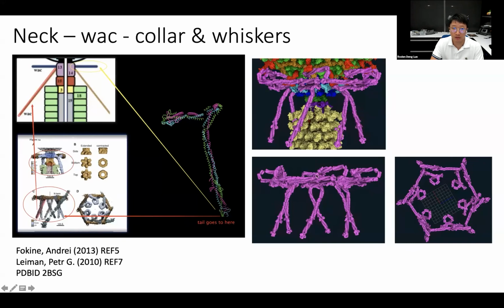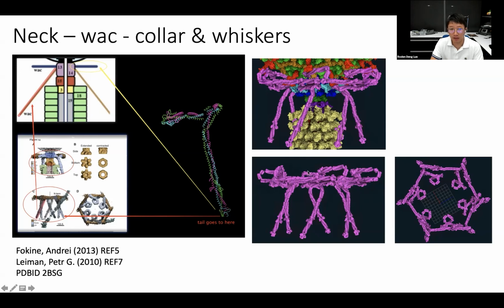But the placement of the collar WAC, again, is somewhat out of imagination. And we believe that this brown densities here are unassigned densities by then, and we believe those are the collar composed of the WAC proteins.